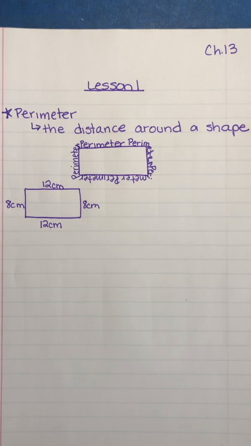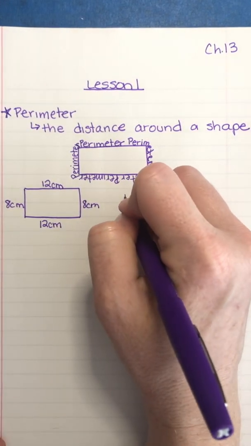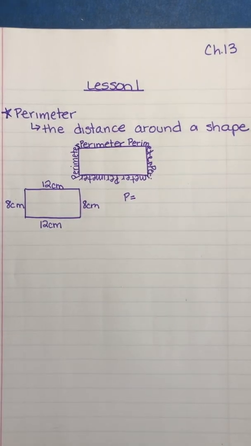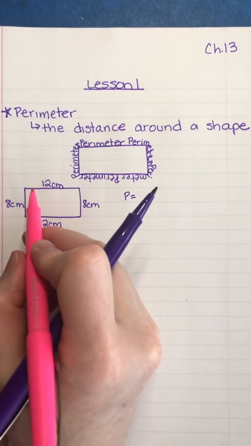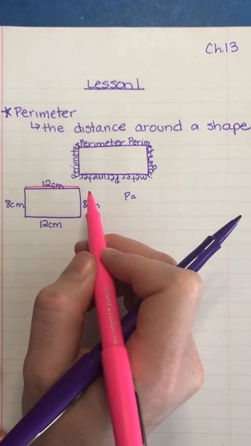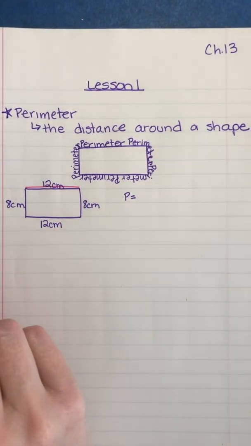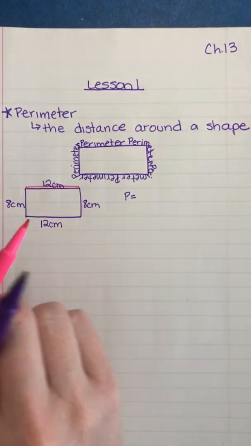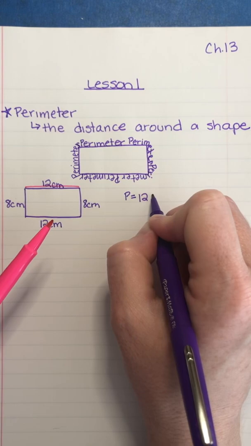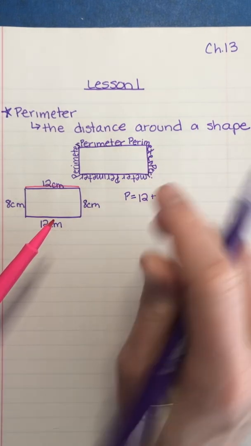So here's how this works. If I need to find the perimeter of this rectangle, that means that I'm going to travel around the outside. And I like to go one side at a time. So if I start at the top, and you can highlight it as you go too. I'm just using a different color pen. So if I start at the top, I've got 12 centimeters, and I'm going to write that down. So 12, and I add everything together all the way around.